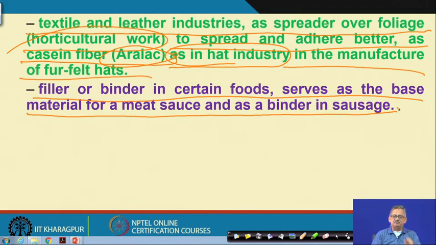So, to make them compact, you have to have some binder. This casein can act as the binder or filler agent. That binding or filling can be done with the help of casein, and this helps in making different dishes like sauces or sausages. Many such things are being done with the help of the casein, right.